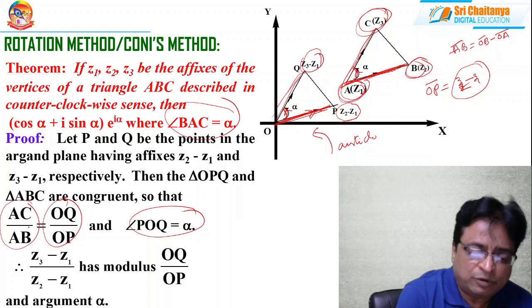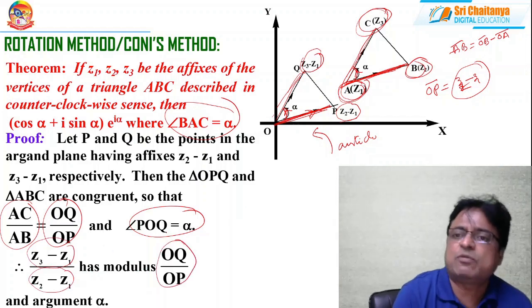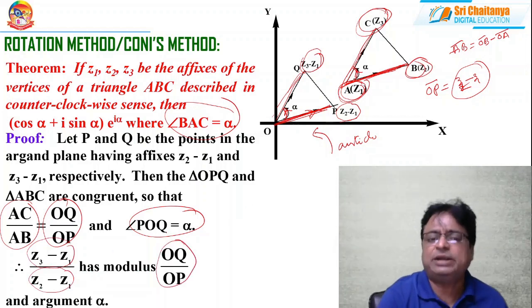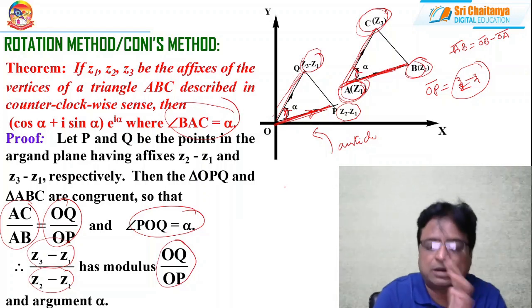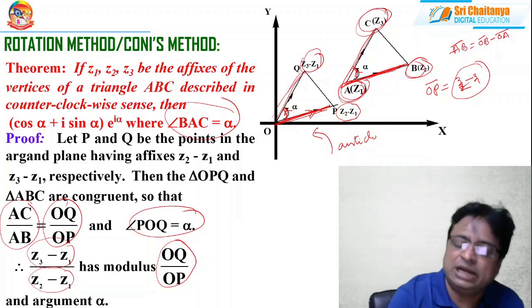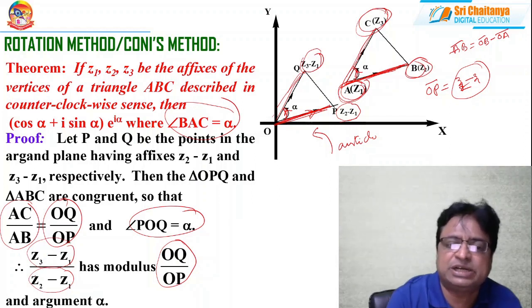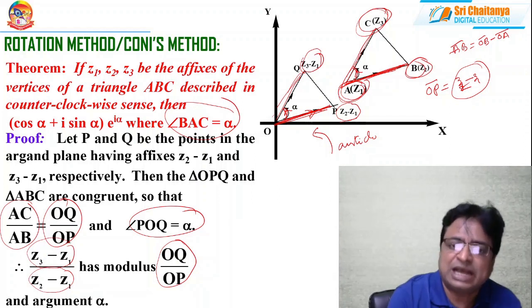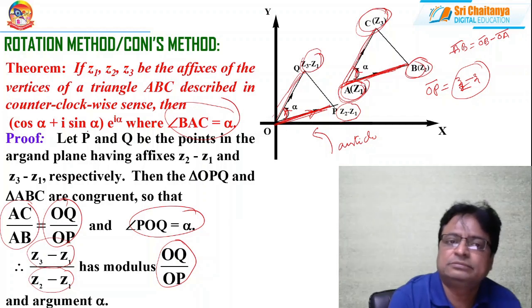So what is my AC by AB? That is the modulus of Z3 minus Z1 by Z2 minus Z1. This is the modulus of that complex number with argument alpha. If you know the modulus and argument of a complex number, then according to Euler's form, as we said earlier, I can represent Z3 minus Z1 by Z2 minus Z1 as small r into cos alpha plus i sin alpha.